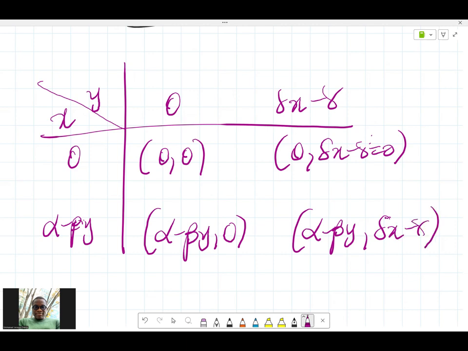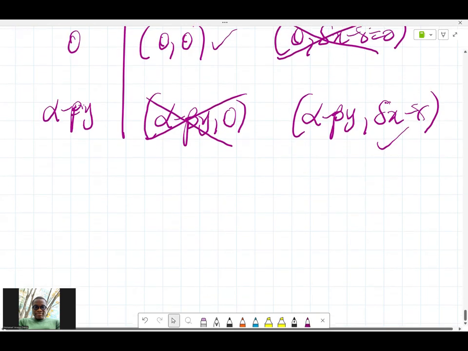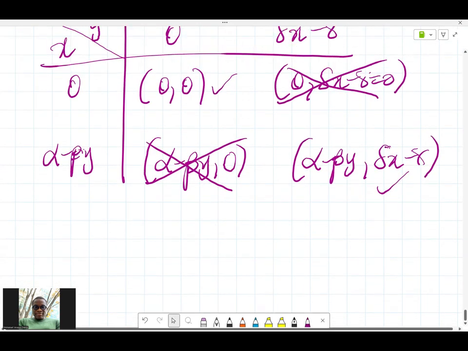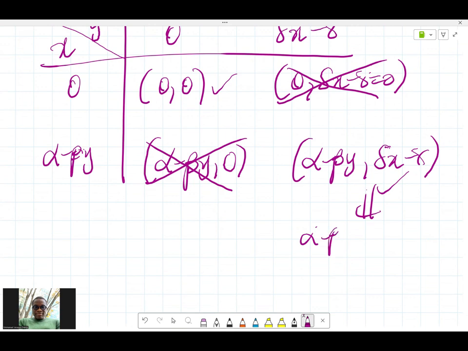So we have these four possibilities, but the trouble here is since x is already 0 here, we don't get anything from here, and since y is 0 here, if we put y to be 0 here, we don't get anything from here. So we have these two possibilities, which can be solved independently. So this can easily translate to alpha minus beta y equals 0, and then we have alpha equals beta y.